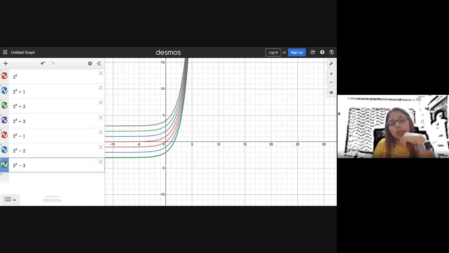Now, my 2 questions. I have 1.3 raised to power x plus 1, just 1.3 raised to power x, 1.3 raised to power x plus 1, and 1.3 raised to power x minus 1. For each of them, please tell me the horizontal asymptote and y-intercept. You can unshare your screen now and not put it on Desmos.